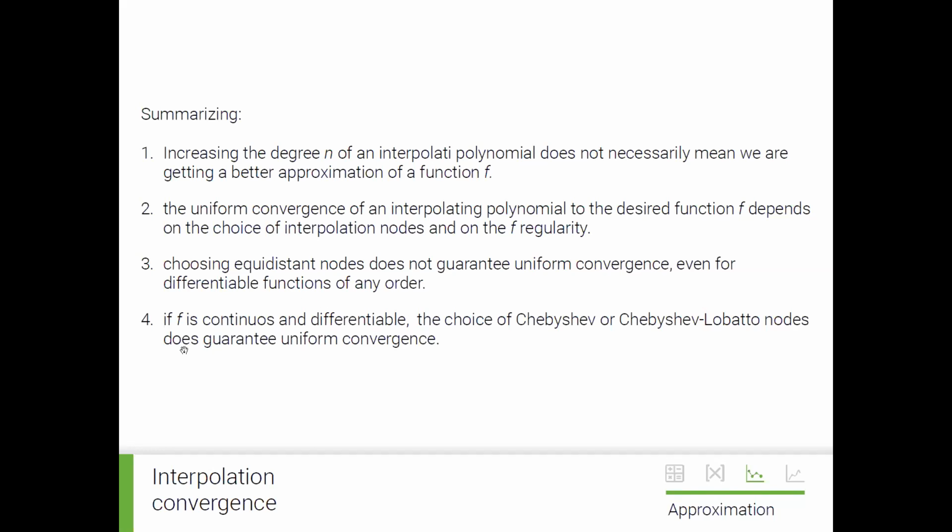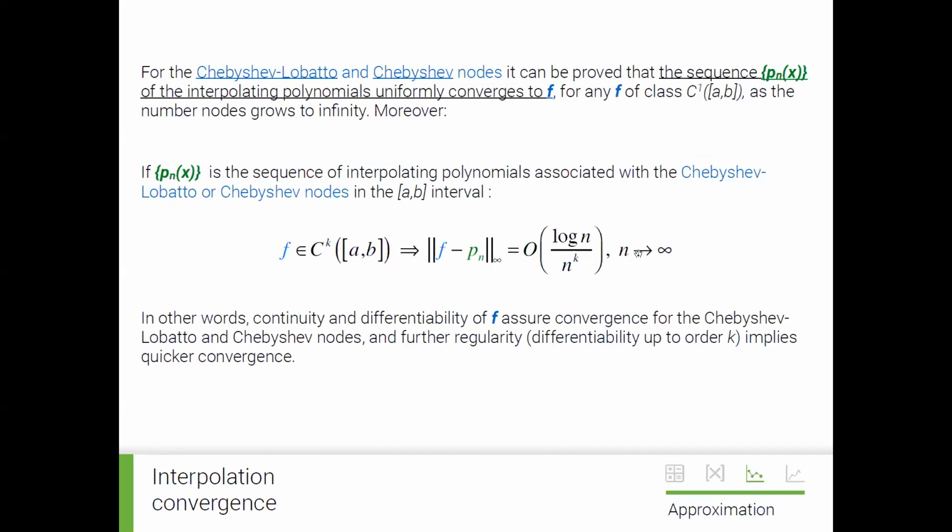And last, if f is continuous and differentiable, the choice of Chebyshev or Chebyshev-Lobatto nodes does guarantee uniform convergence. So if f is differentiable, it always converges for Chebyshev-Lobatto and Chebyshev nodes.